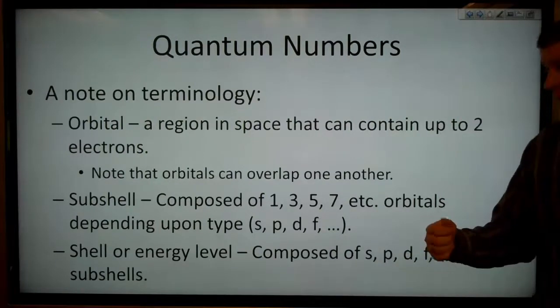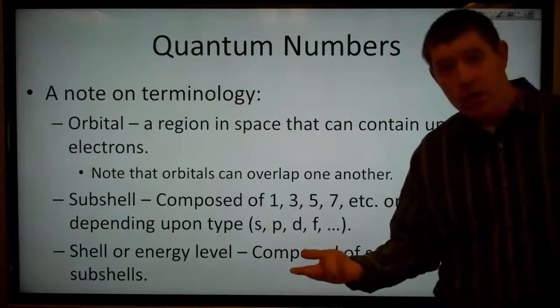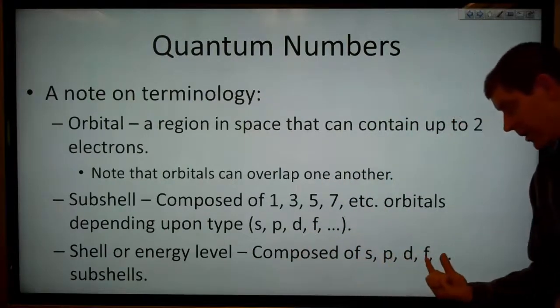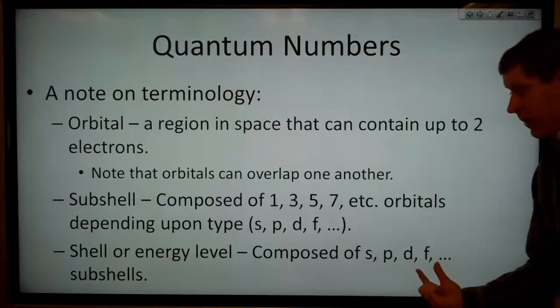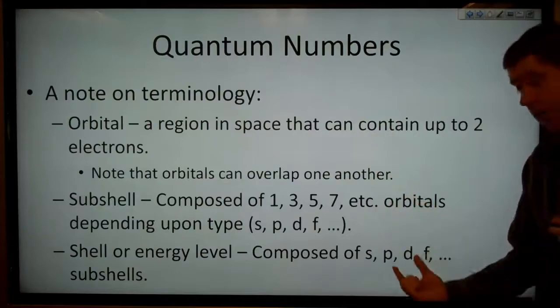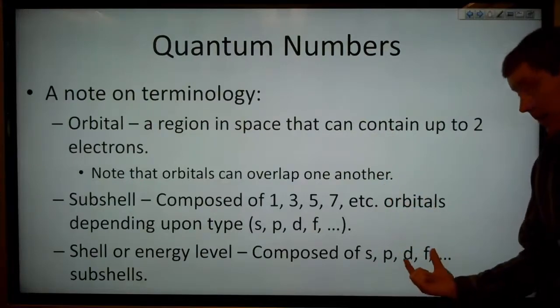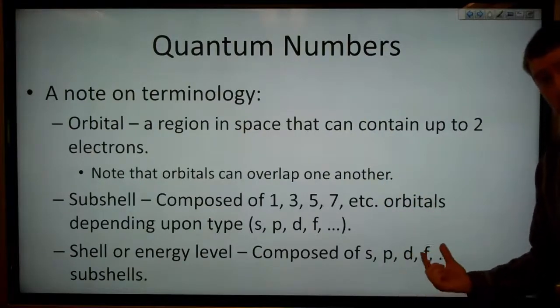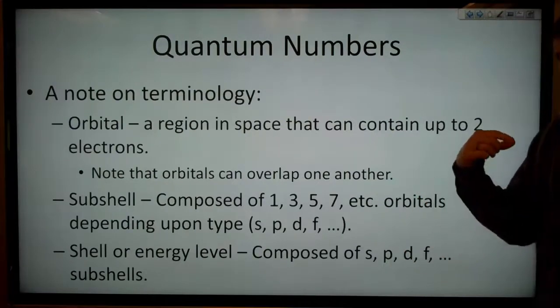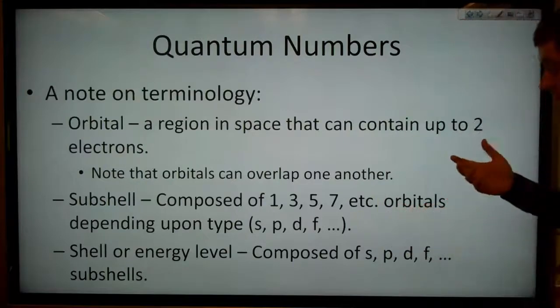In the 4th shell, there's a 4s, a 4p, a 4d, and a 4f. The s only has 1 orbital in it, the p has 3 orbitals, the d subshell has 5 orbitals, the 4f subshell has 7 orbitals in it, and so on.